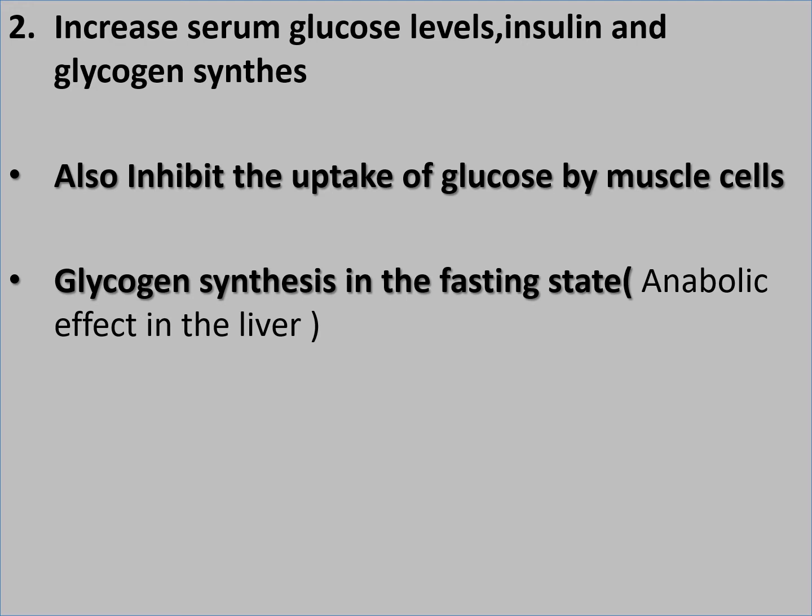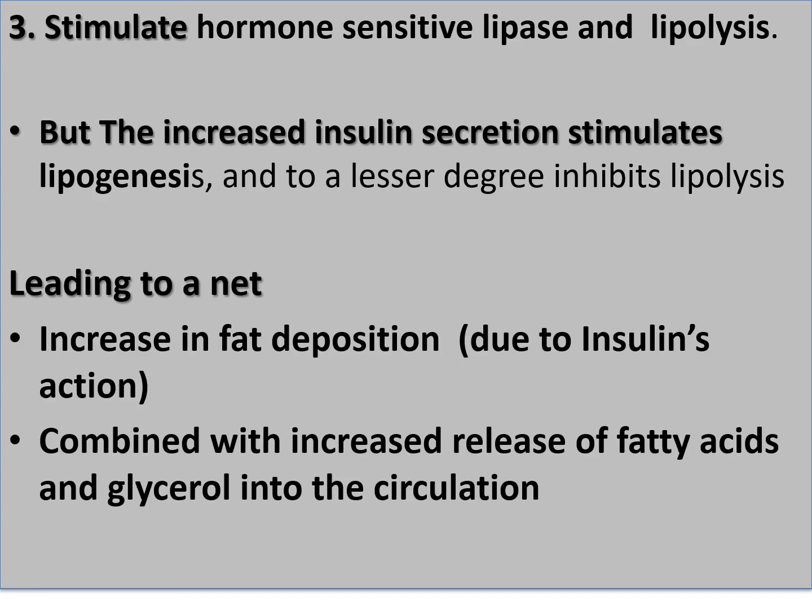Glycogen synthesis in the fasting state occurs, and this effect is known as the anabolic effect in the liver. So here I will give you a rule: if the steroid is causing synthesis of something, then we say it is anabolic, and if it causes a decrease or cut down, then we say it is catabolic.